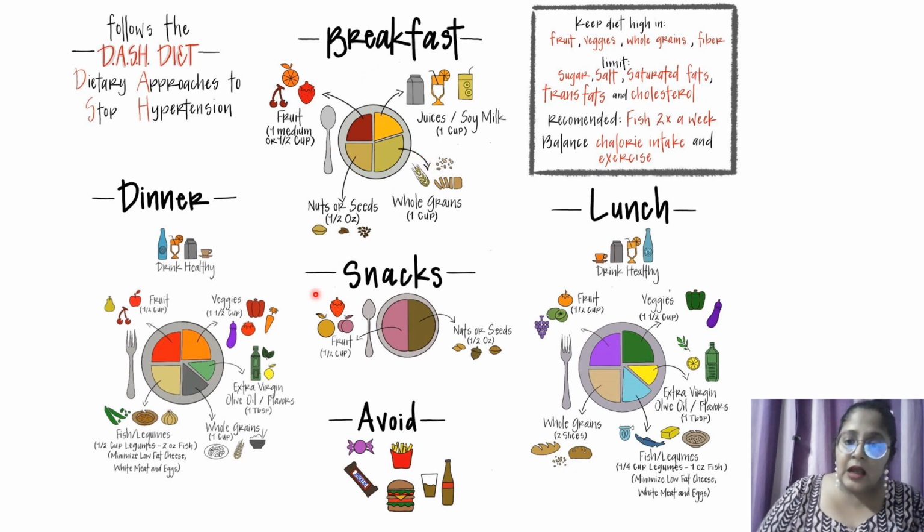After that we'll move on to the lunch part. In between you can have some green tea or good juices. You can have buttermilk, chas, this is good. And for lunch we can have extra virgin olive oil, or oil that is good for your body, which we have discussed several times.